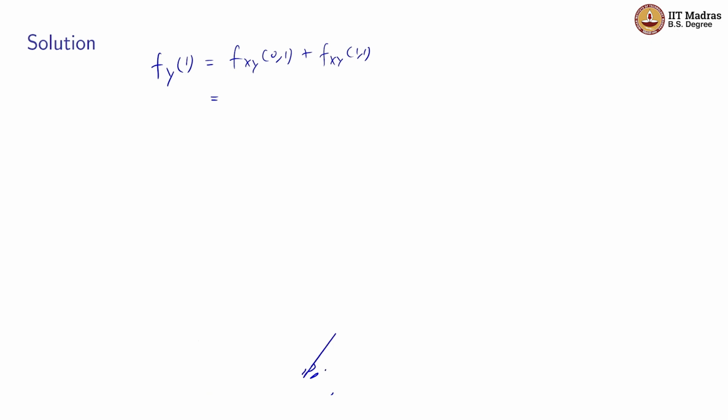So now this joint can be written as product of conditional and marginal. So this is equal to conditional y is equal to 1 given x is equal to 0 into marginal x is equal to 0, plus conditional y is equal to 1 given x is equal to 1 into marginal x is equal to 1.